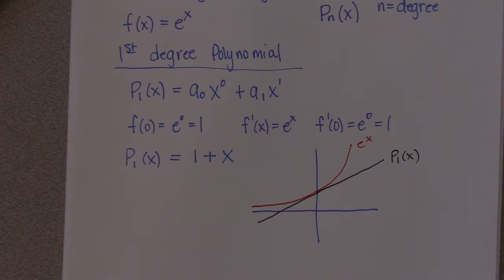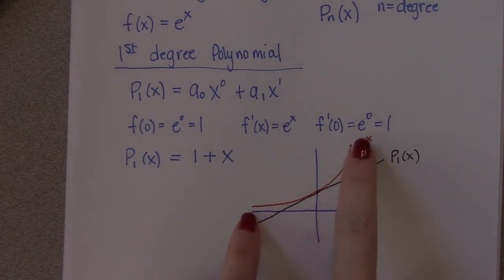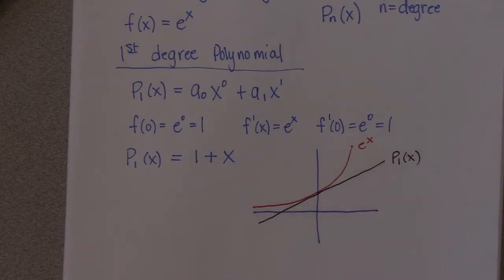So if I go to the second degree polynomial, we're going to get a quadratic, and we know a quadratic has a bend in it. So what you're going to see is every time we increase the degree of the polynomial, we're going to get more and more bends, and eventually the polynomial will fold right along this line and actually equal our function.